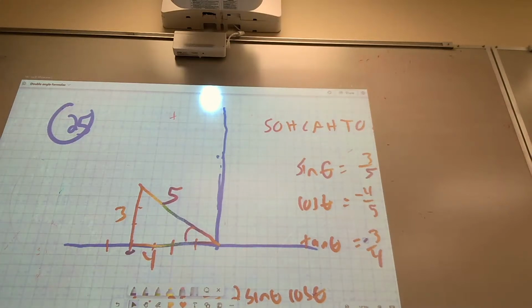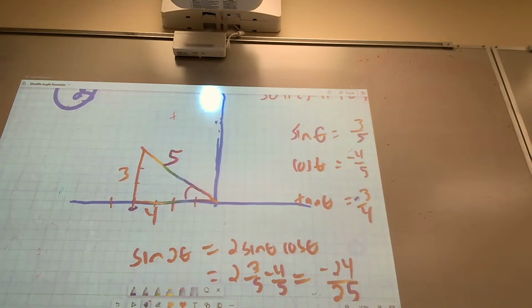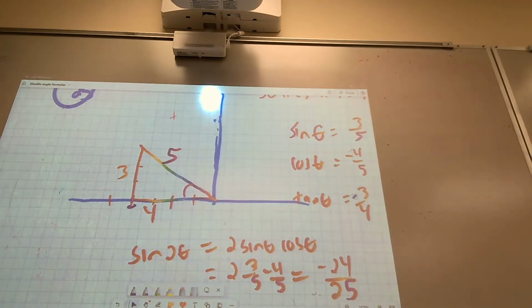Lincoln, do you have it? Negative 24 over 25. So we have sine theta is 3/5 and cosine theta is minus 4/5. So 2 times 3 times minus 4 is minus 24, and 5 times 5 is 25. Okay.